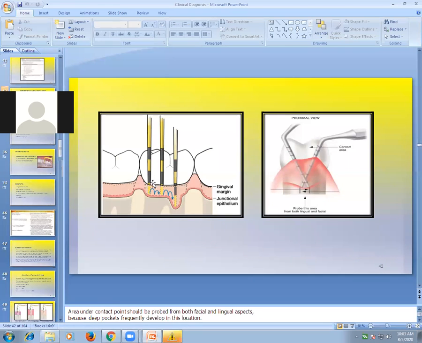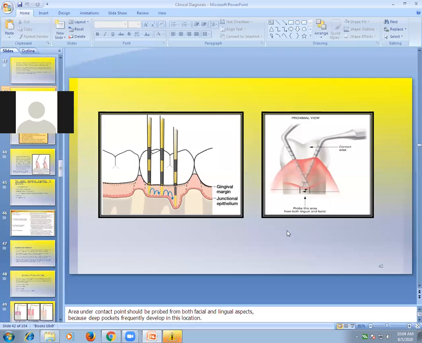Without lifting from the pocket, you can just move it inside the sulcus and record the pocket depth. Without coming out of the sulcus, you just walk the probe inside the sulcus. Got it? Probing interdentally, you insert it slightly angulated and record the proximal area. So this is how exactly you should probe.